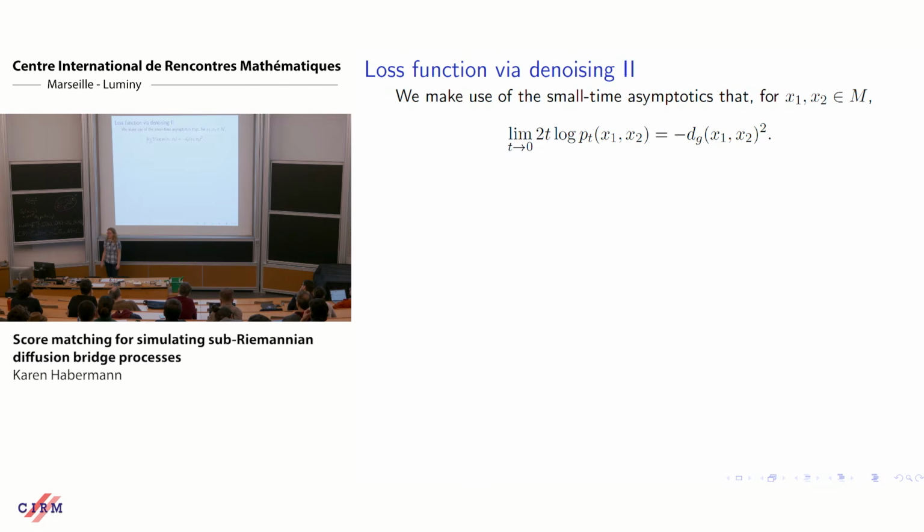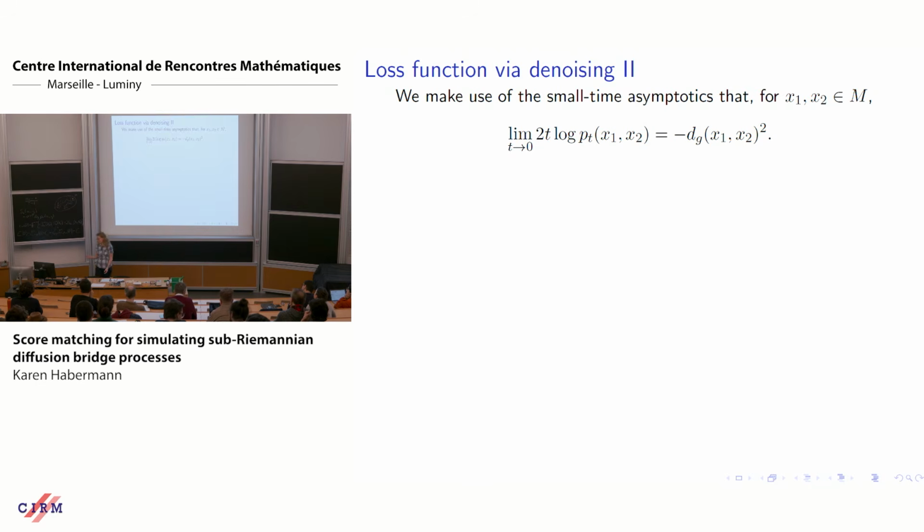So the question is, can we use that as an approximation for a potential score? An additional problem here is, how do we gain access to the Carnot-Carathéodory distance? But keep in mind, we don't actually have to compute it explicitly, we just need a good enough approximation.